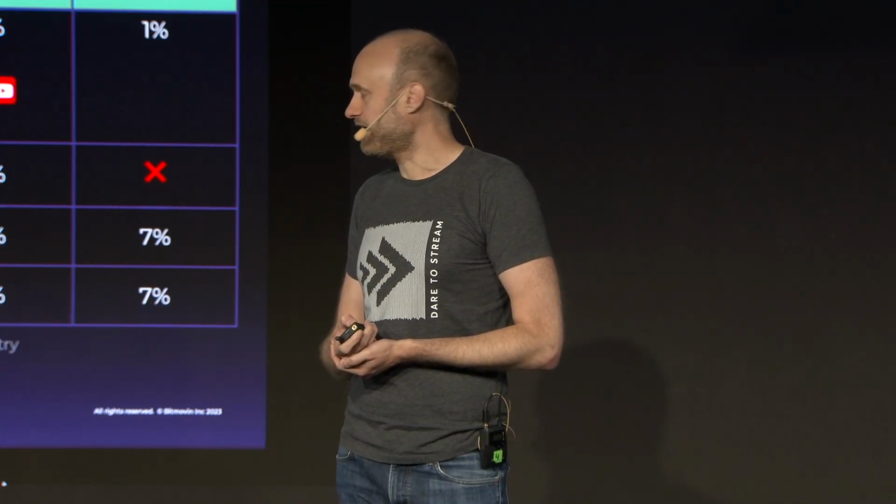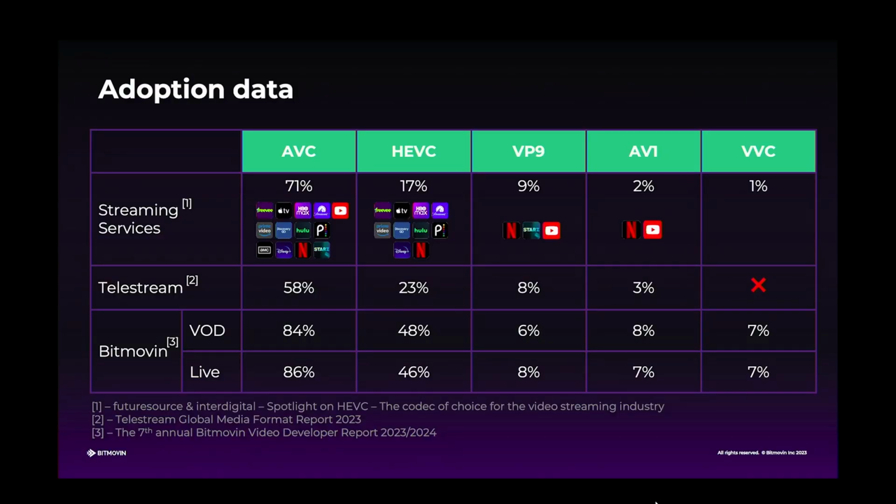And on device adoption data, I also looked at some studies that were done. So first of all, there's the streaming services. This is from FutureSource. I think they just went on all of these platforms, played some video, and got data of like which codec did they get. And a lot of videos that they got were still AVC, some HEVC, and then less of VP9 and AV1.